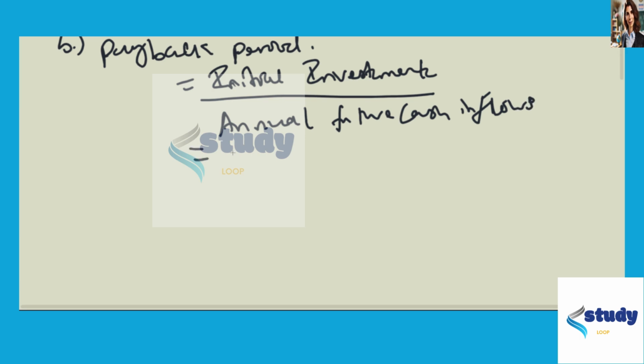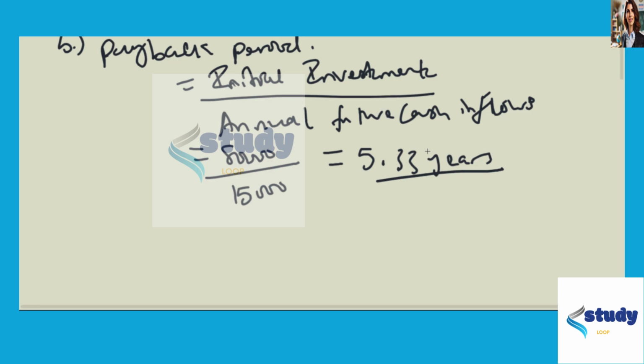And then this equals 80,000 divided by 15,000, and this equals 5.33 years. So the payback period for the initial investment is 5.33 years. Now moving on to the next question.